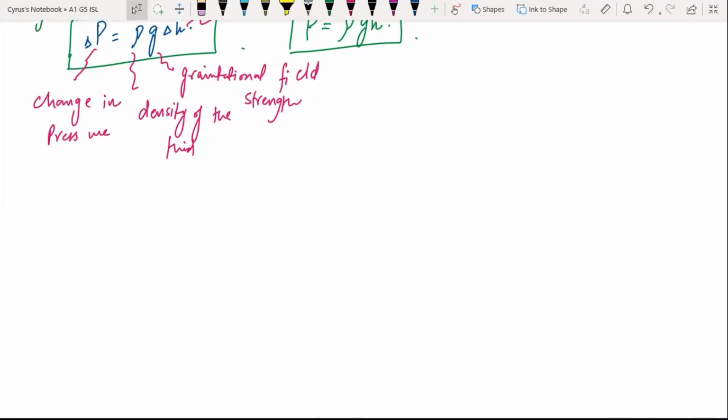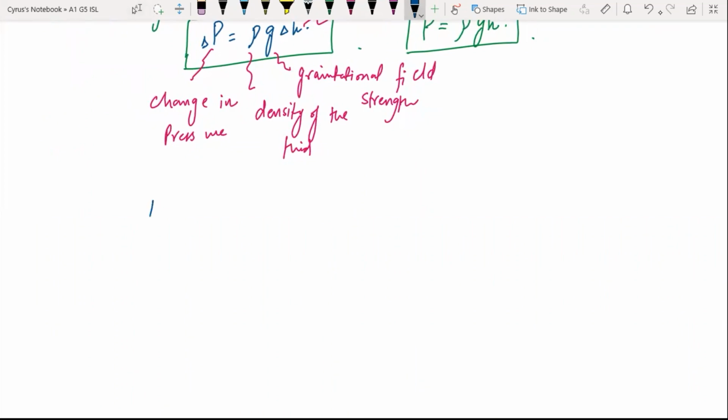So atmospheric pressure at sea level is given by 1.01 into 10 raised to the power 5 Pascal.